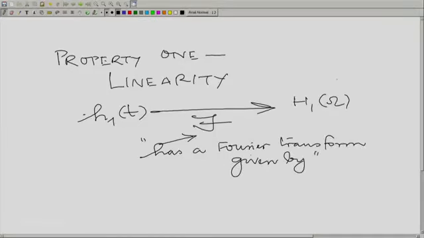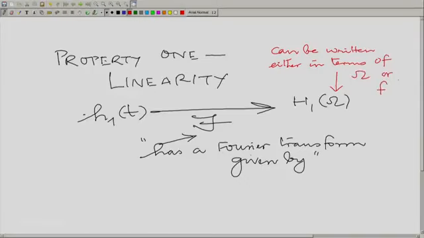Remember, you could write the Fourier transform either in terms of omega or in terms of f, in terms of the angular frequency or the cycles per second frequency. And of course, omega is equal to 2 pi f. Either way, we would have the same properties. The properties do not change essentially.